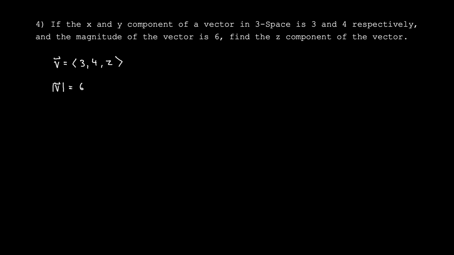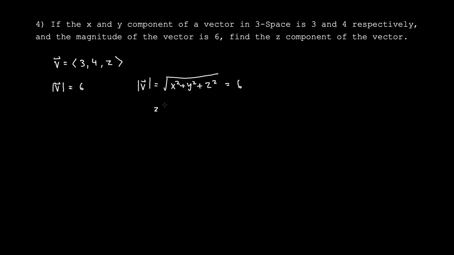So what relevant equation do we need to solve for the magnitude of v? The magnitude of v, the magnitude of the vector, is the square root of x squared plus y squared plus z squared. So x, y, and z are all components of the vector v. And we are told that this equals 6.